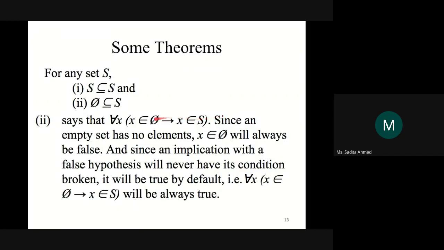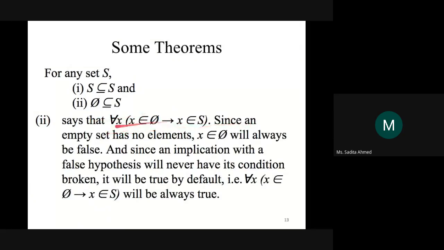Isn't that what we set out to do? We had to prove that this statement, this definition, will always be true. That is what we had to prove, and that is what we just did. As simple as that. Because the hypothesis is always going to be false, this implication will always be true.